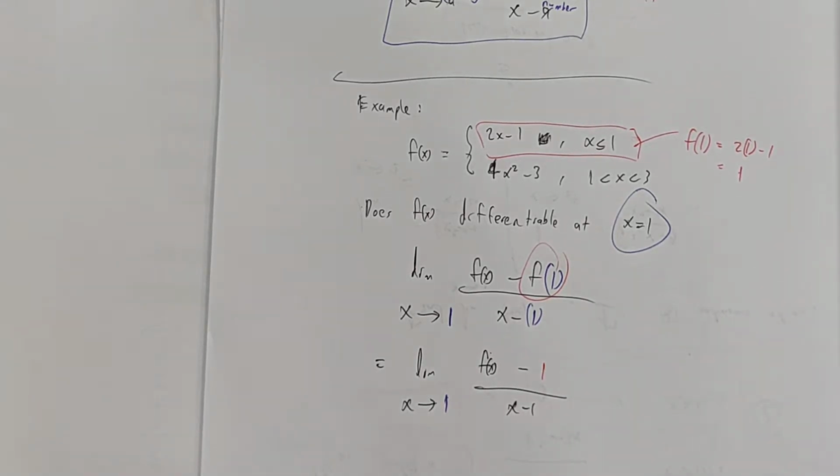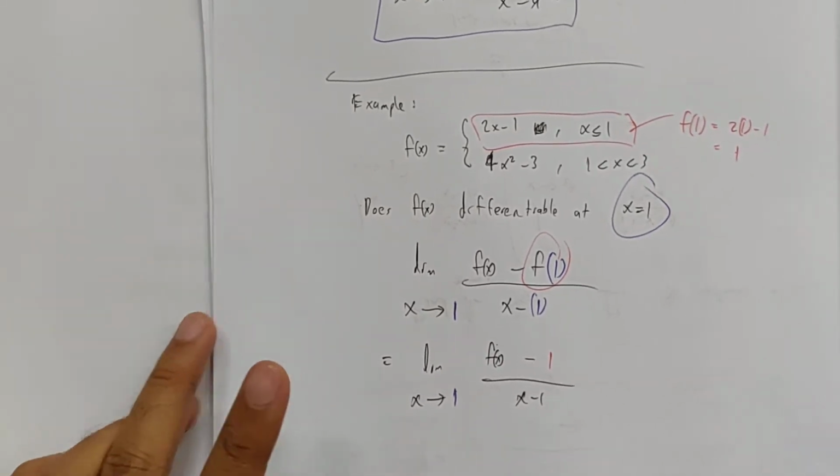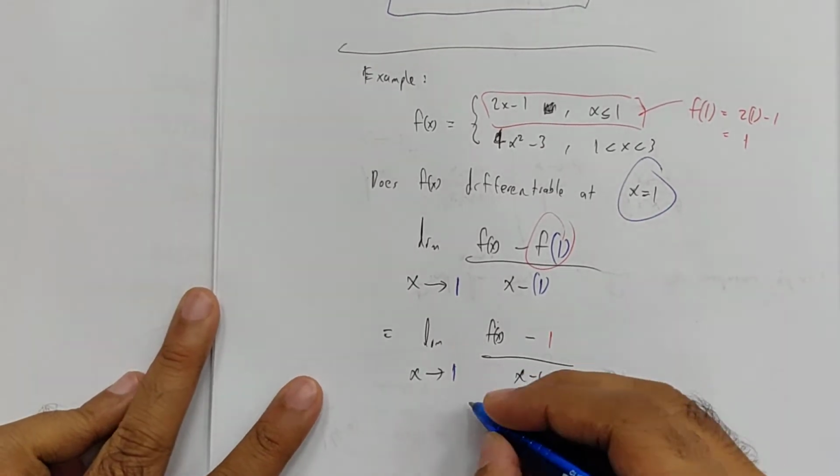So what about f(x)? Which one should I choose, first or second? We choose second. Just now I asked you already, how do I know whether limits exist? You need to check the left and right. So at this moment, this equation becomes 2.